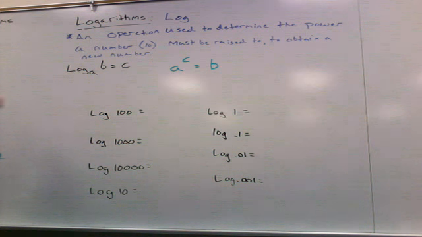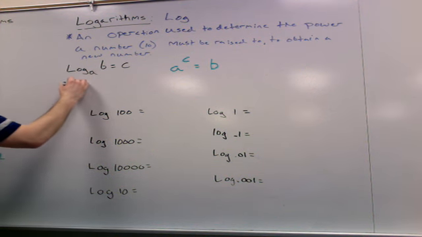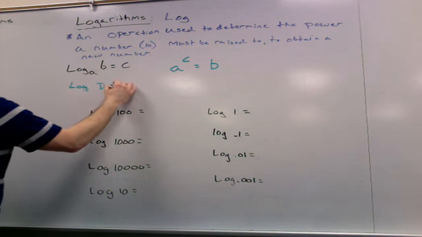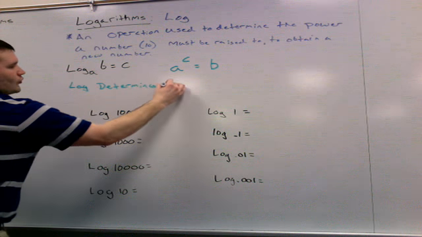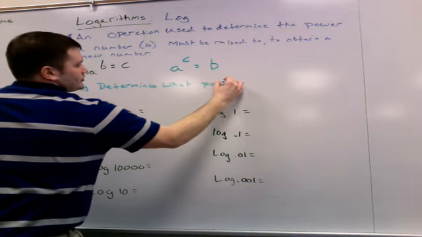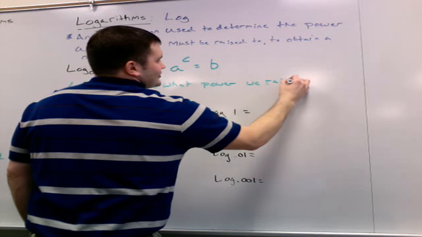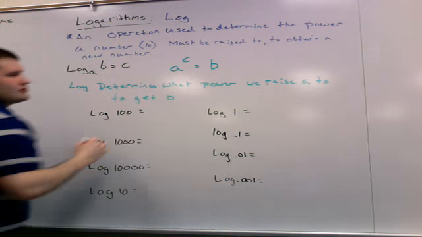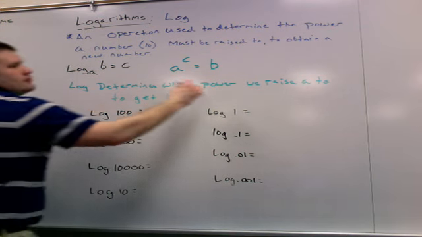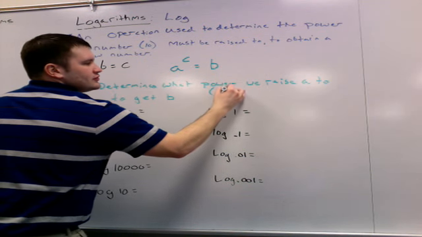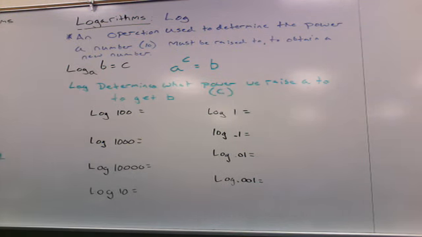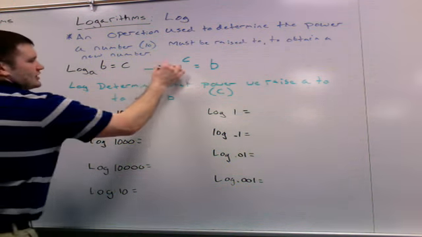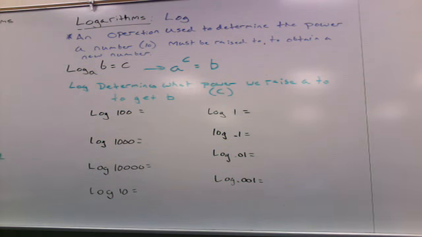So what the log is figuring out is what power we raise A to get B. And that power is C. That's how logs work, and that's why that video is so helpful, despite all the interesting pictures.